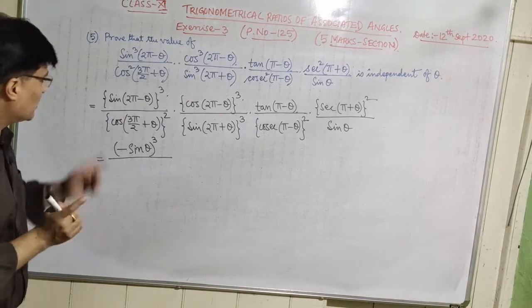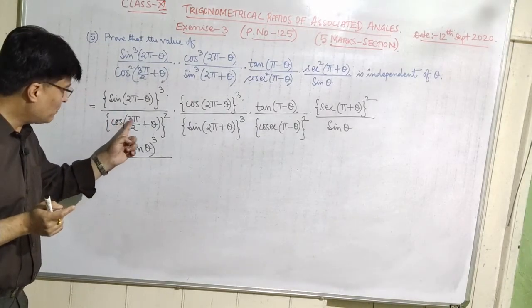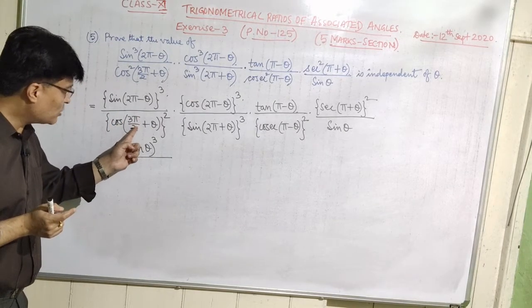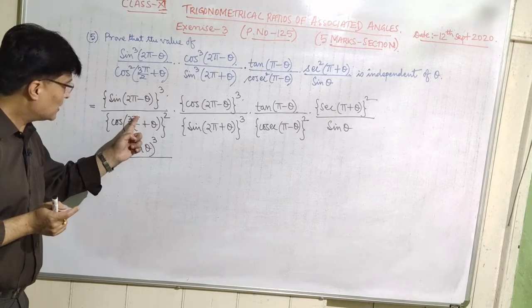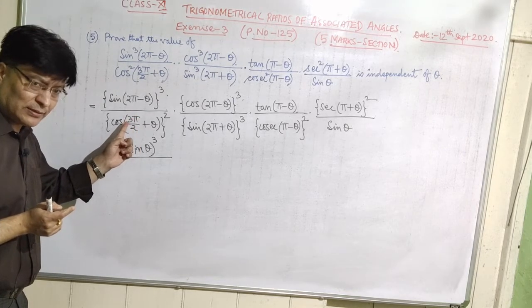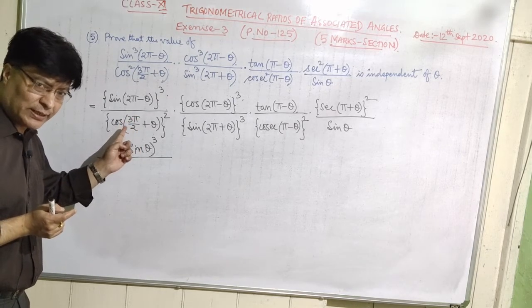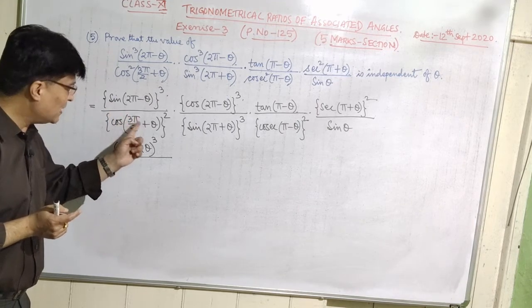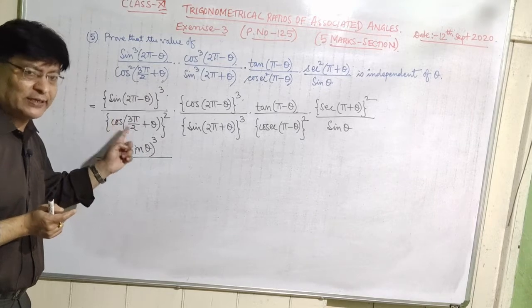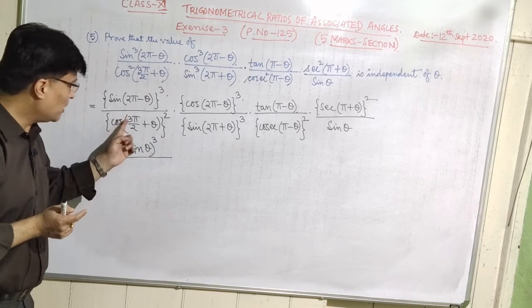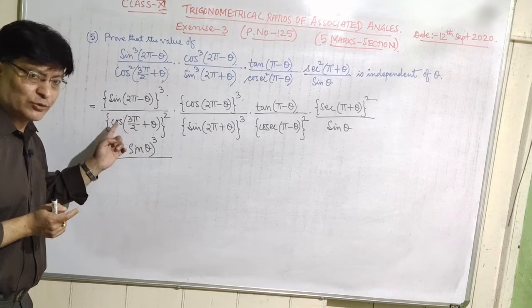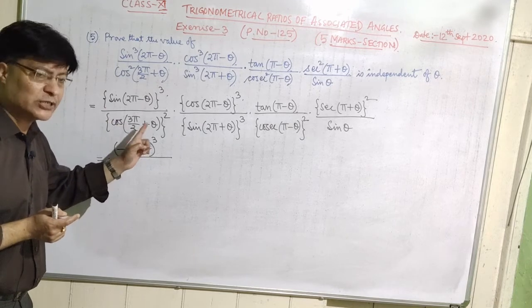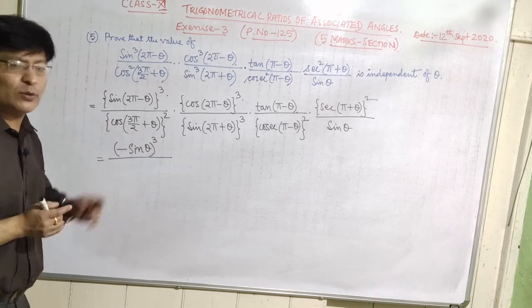Understood? So next, what is 3 pi by 2? Pi by 2 is 90. 90 into 3 is 270 degree, 9 3s are 27, isn't it? So 3 pi by 2 means 270 degree plus theta, which lies in the fourth quadrant.